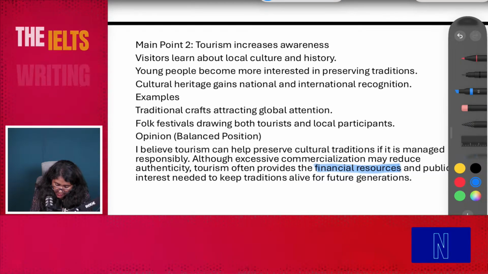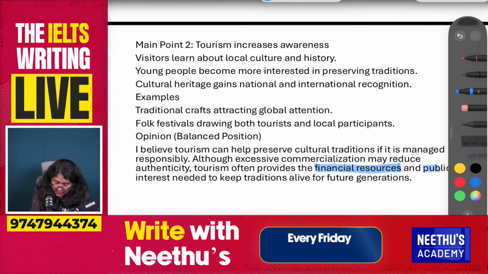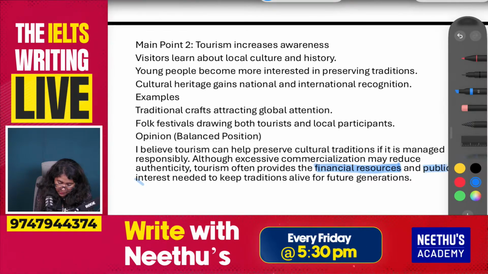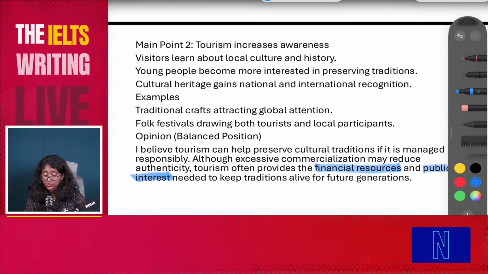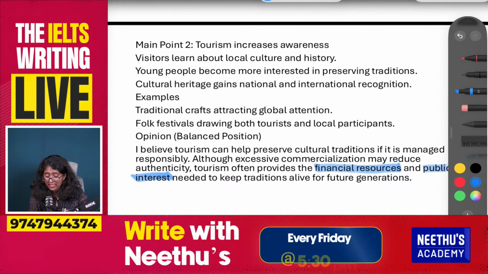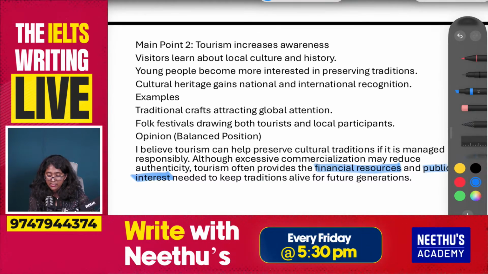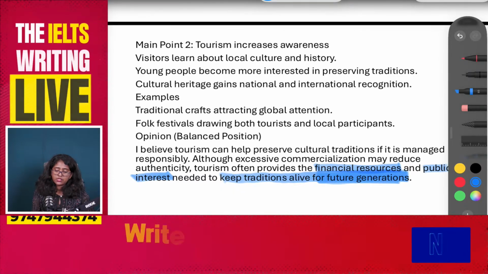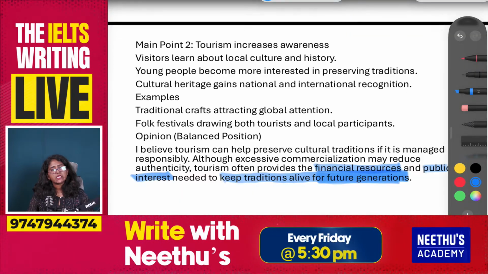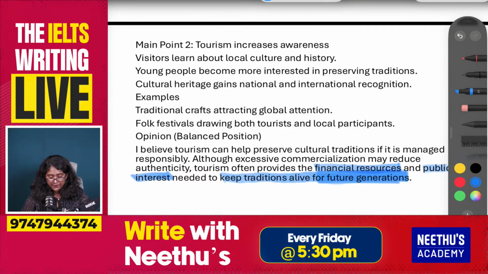This is the main point. And public interest. When it is popular, everyone will be interested in it. The youngsters will be interested in it. Financial resources and public interest needed to keep the traditions alive for future generations. Keep the traditions alive for future generations. Okay? Clear?